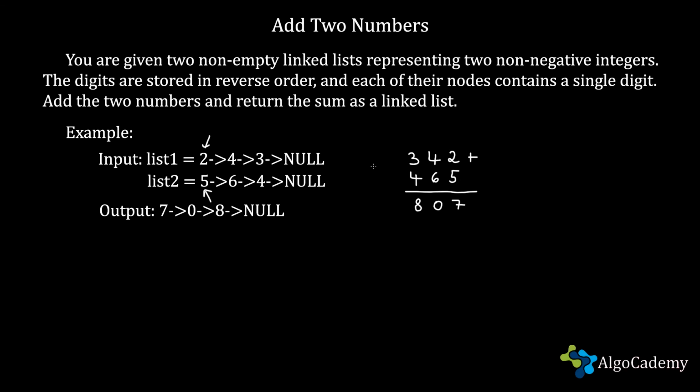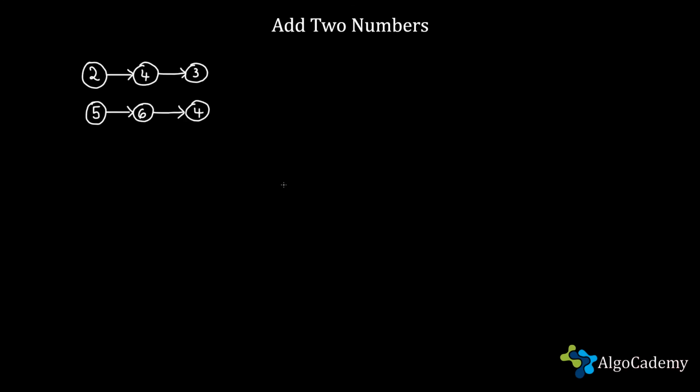Now, obviously, these two numbers won't always have the same number of digits, so these two lists will not always have the same size, but for now, let's think about the scenario in which they have the same size, right? Let's start small. The algorithm is actually pretty straightforward. We only have to simulate the addition algorithm that we've learned in primary grades on the linked lists. So we always need to know what are going to be the digits that should be added up together.